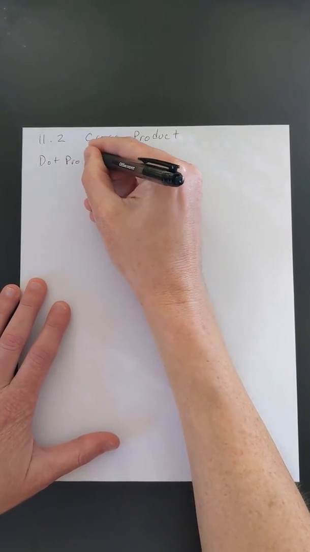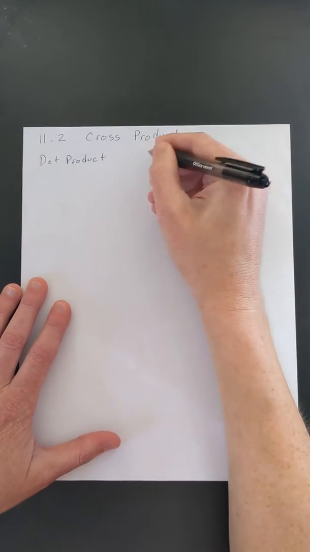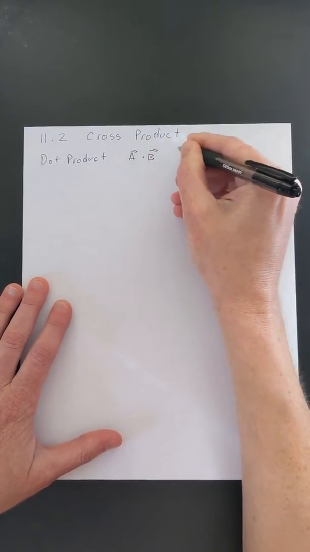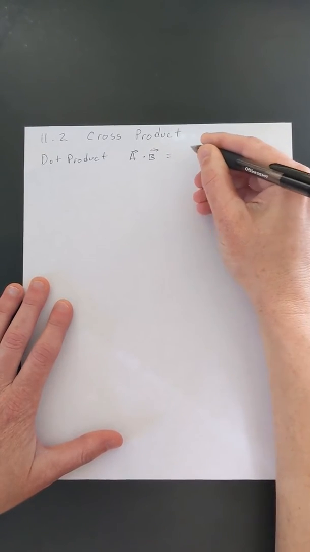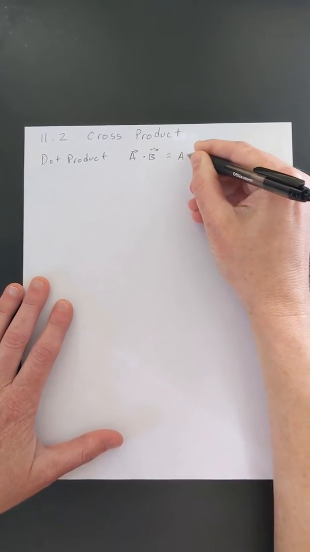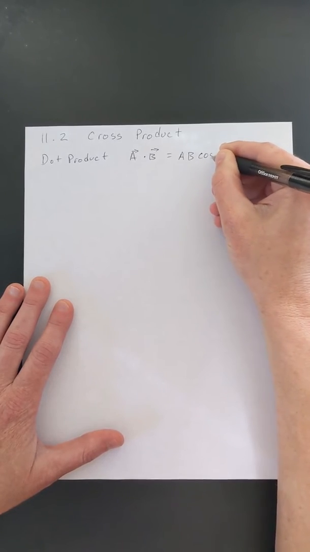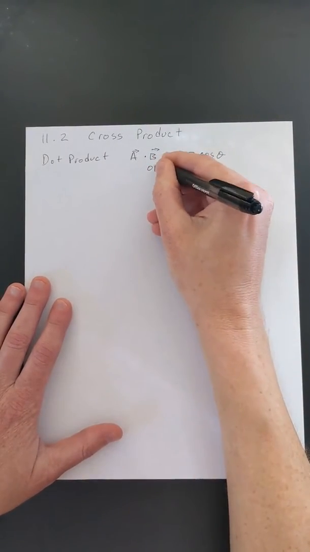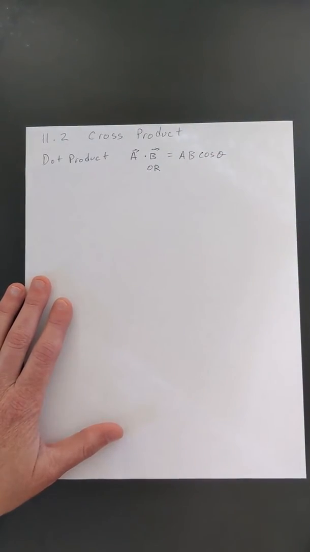So dot product was when you had A dot B, and at the end you would just get a number. And the way you do that is AB cosine of the angle between them. Or you could do unit vectors.